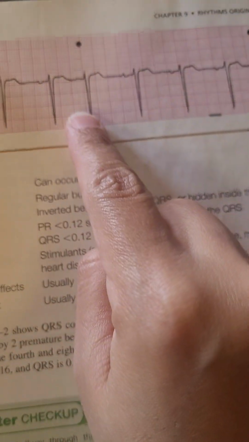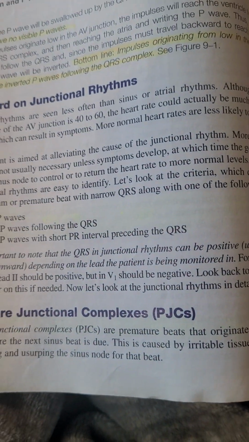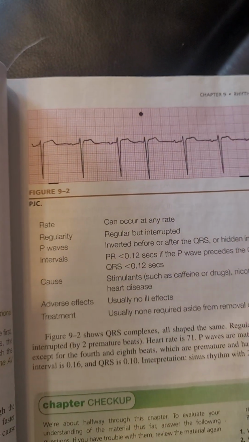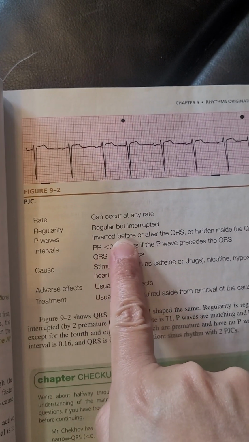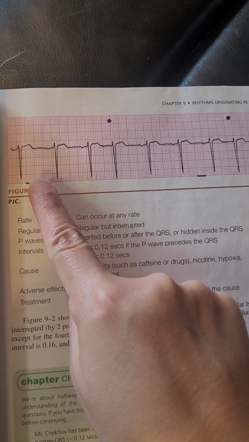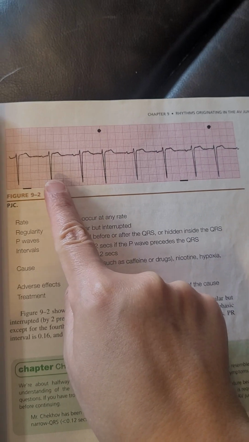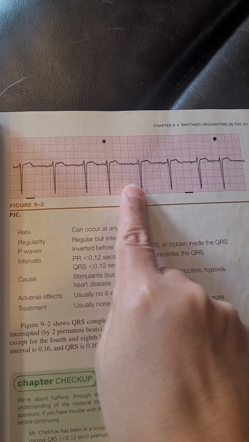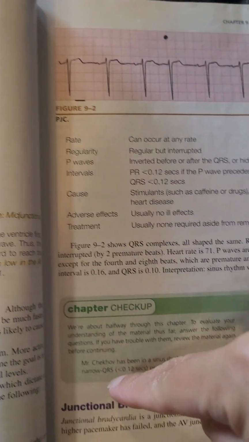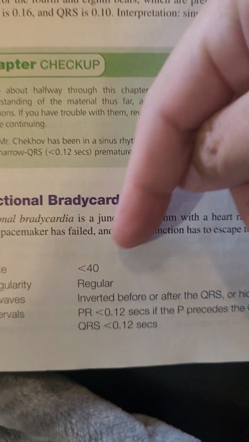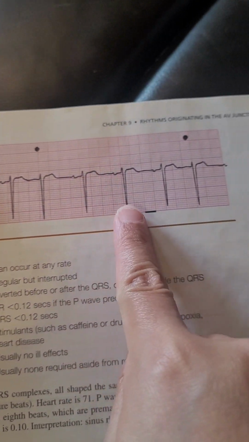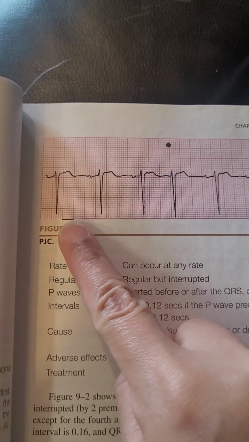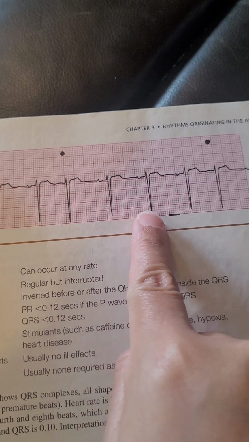This is like a premature beat, so it can occur anytime, regular but interrupted. You can see the rhythm is regular, because we'll get to that, these rhythms are regular too, so they're still marching out for the most part.